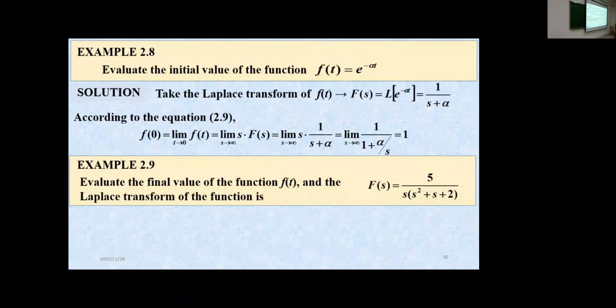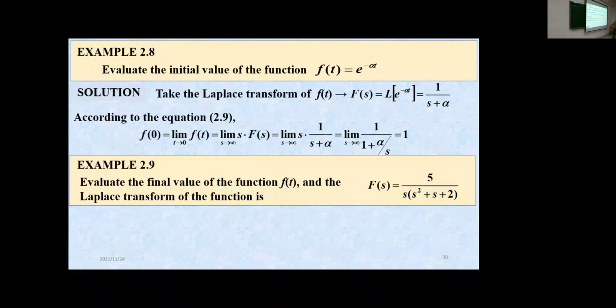Evaluate the final value of this function. It asks you to find the Laplace transform of this function. And how to deal with this problem? The Laplace transform of f(t) is already given, right?